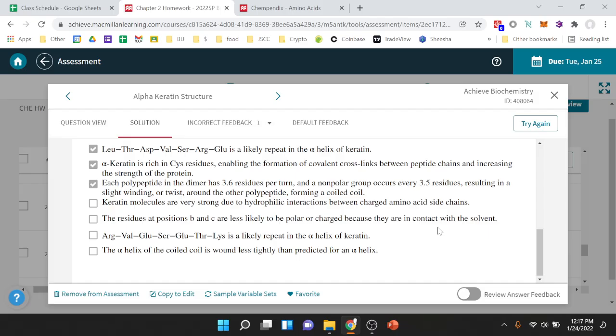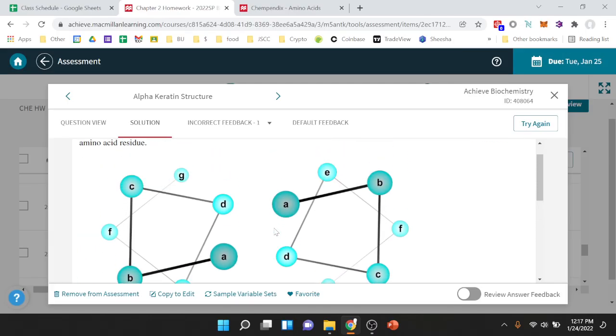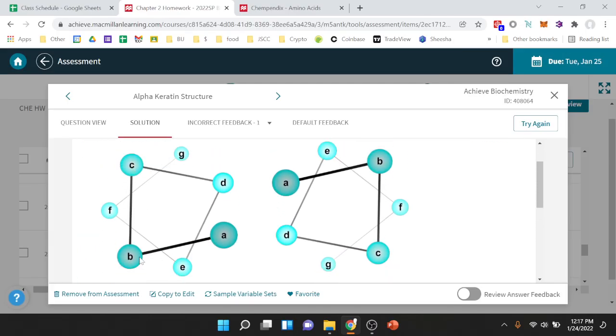All right. The residues at positions B and C are less likely to be polar or charged because they are in contact with the solvent. Okay, this one structurally doesn't make any sense, right? So we look at B and C. Here's C, here's B. Are those actually less likely to be in contact with the solvent? They're on the outside, aren't they?